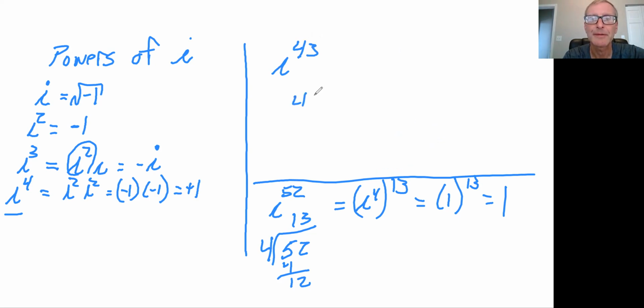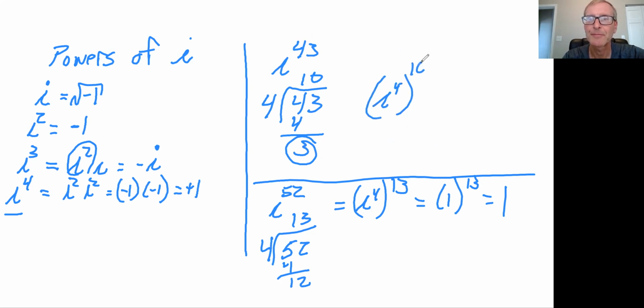So again, you take 43 and see how many times 4 goes into it. So that would be a 1, and then a 0 with a remainder of 3, right? So we would have i to the fourth 10 times. So that would be 40, and then i cubed. So 40 and 3 gives us 43. So this would be 1 to the 10th power, and i cubed is minus i. So this would equal minus i.